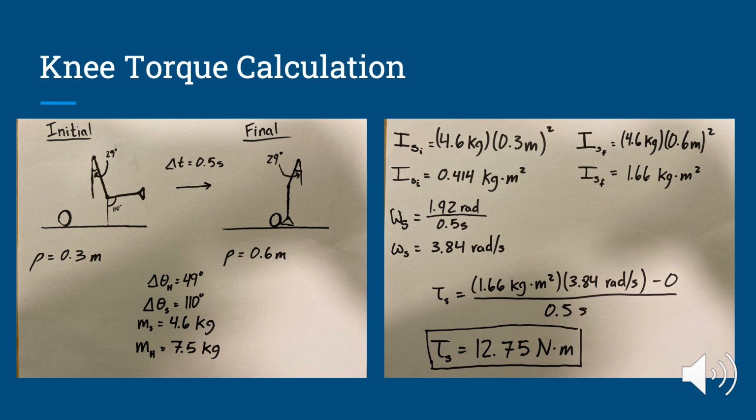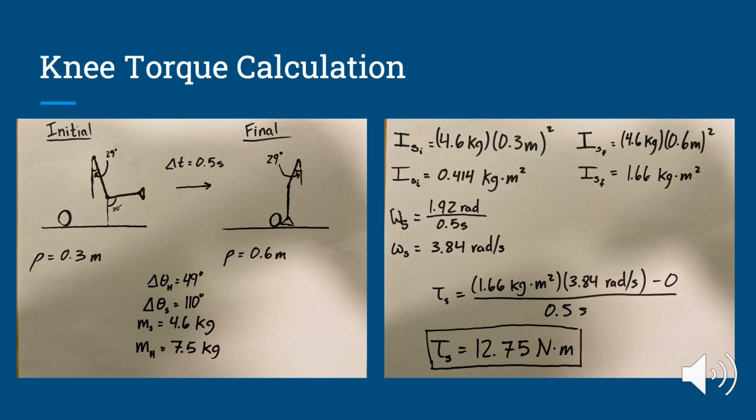Okay, so now we're going to look at the knee torque calculation based off the same sketch that we did for the hip torque calculation. So we're pretty much going to do the same thing. We're going to calculate the inertia using the shank mass and shank radius of gyration squared, and solve for both initial and final values. And then we're going to look at the angular velocity by using the difference in the angles of the shank, which was 110 degrees.